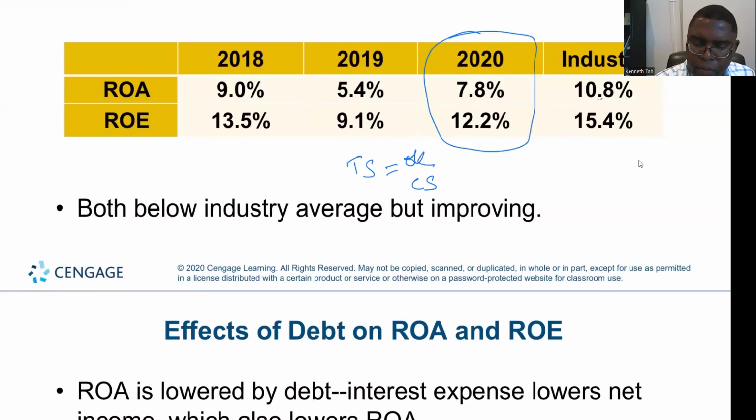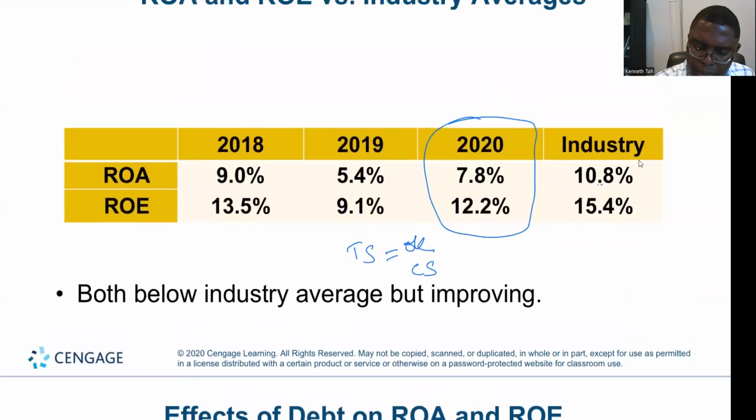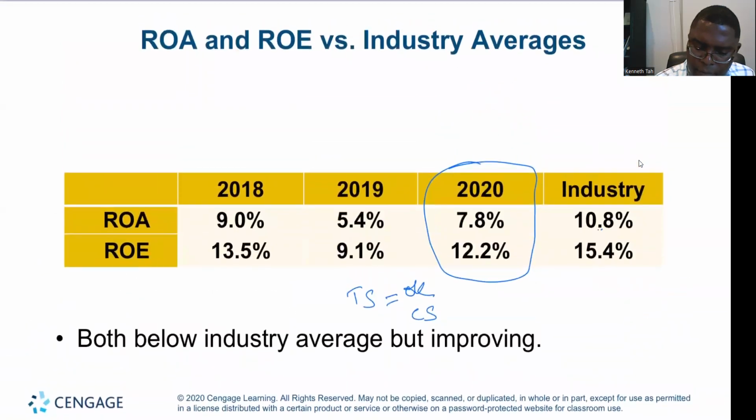And for return on equity, the company is at 12.2, while industrial average is at 15.5. So time series, okay, cross-sectional analysis, the company is doing poorly. So they need improvement.